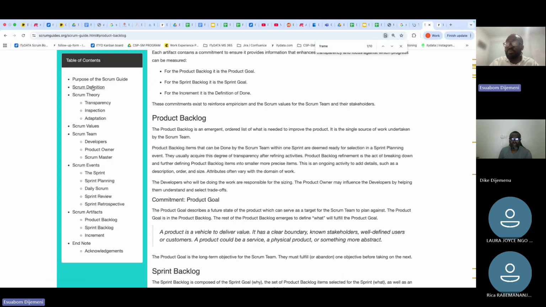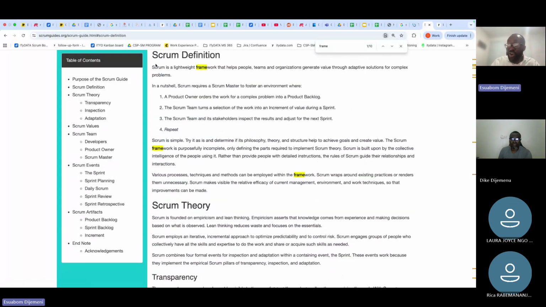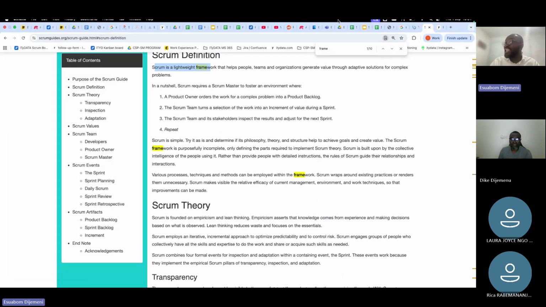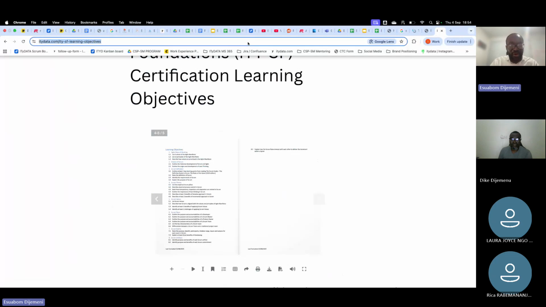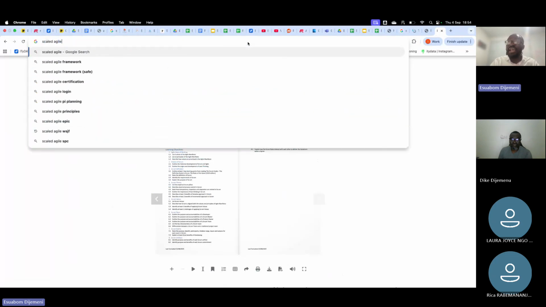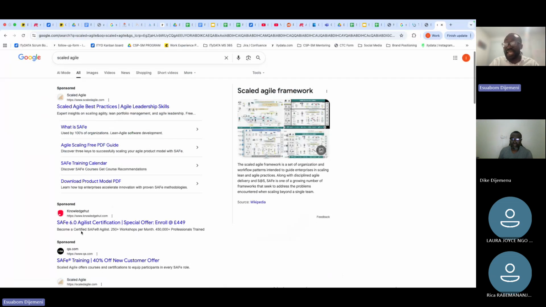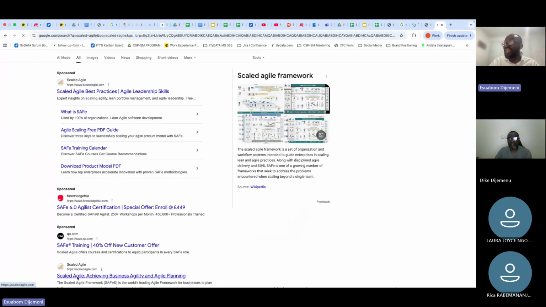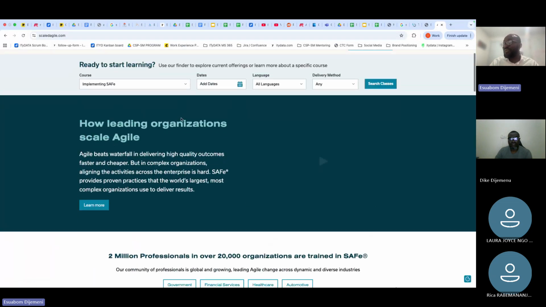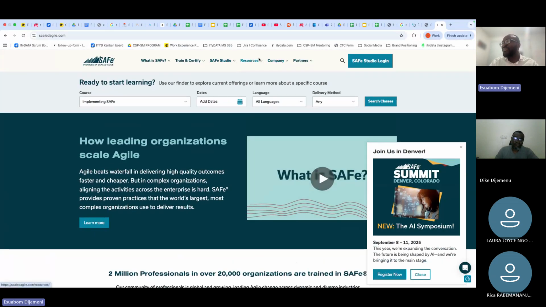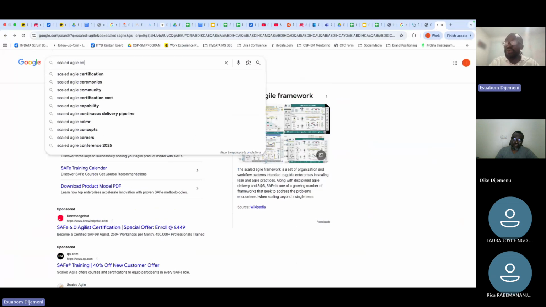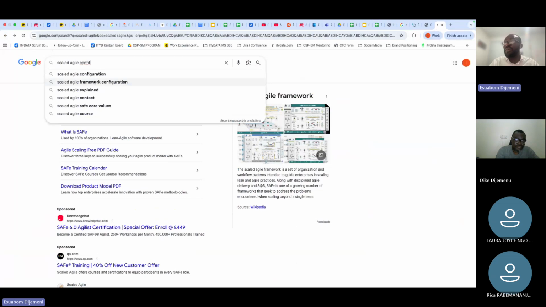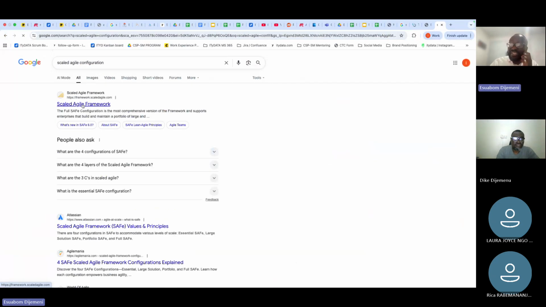And I want to point out that Scrum here says it's a light framework. Do we have frameworks that are not light? Yes, we do. If you go and look at Scaled Agile, for example, the Scaled Agile Framework.